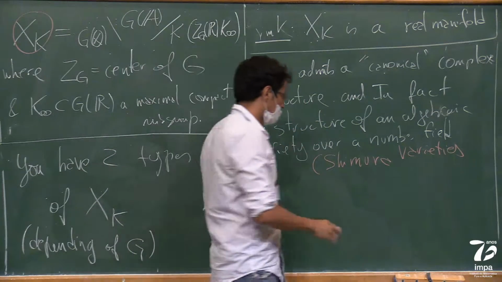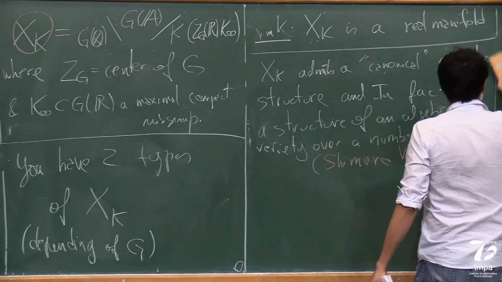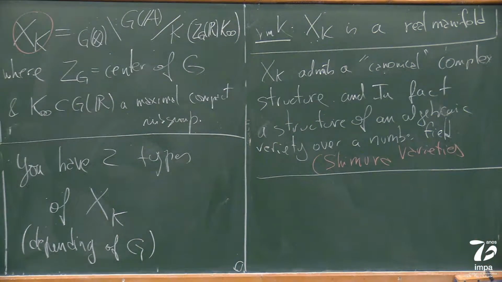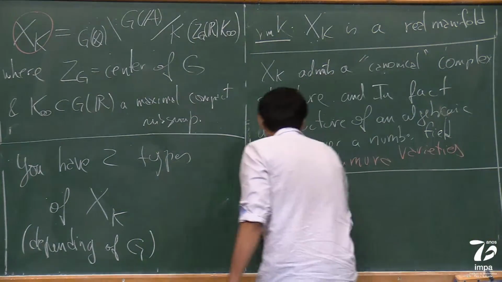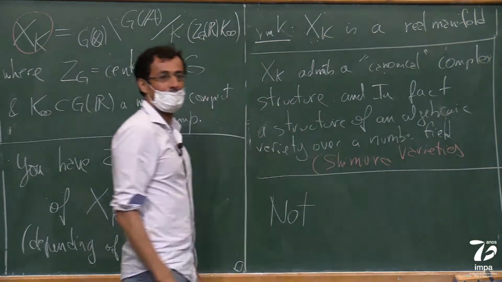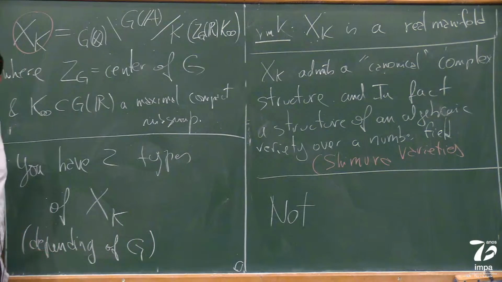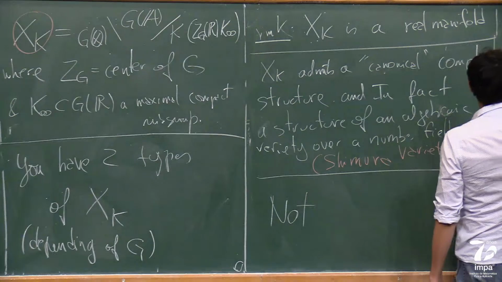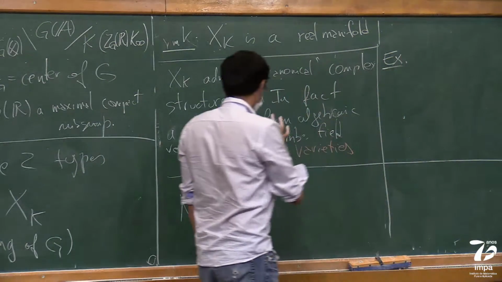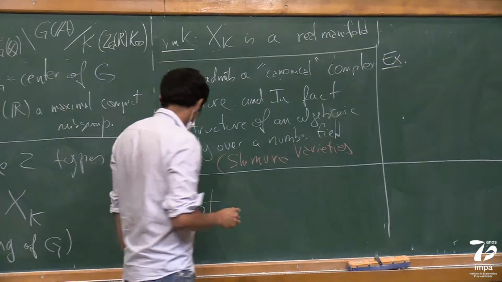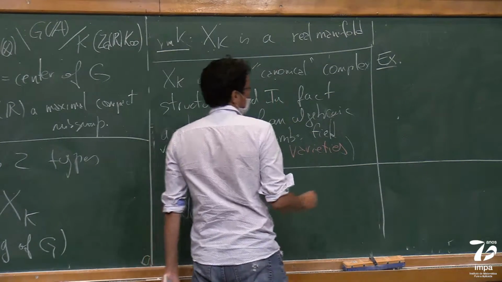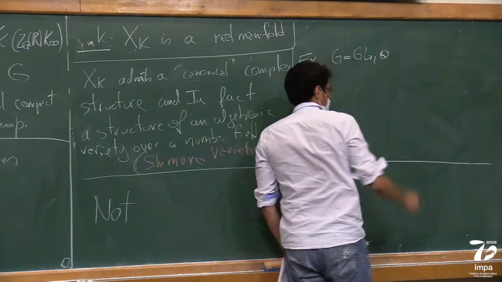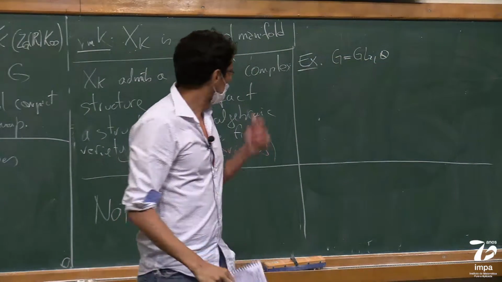Okay, so that is one case of this object, and the second case is not that. That is the two cases that you have. One example in this more algebraic situation is, for example, take G equal to GL2 over Q. Okay?